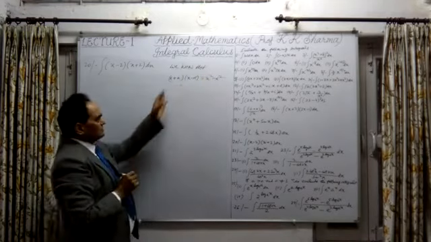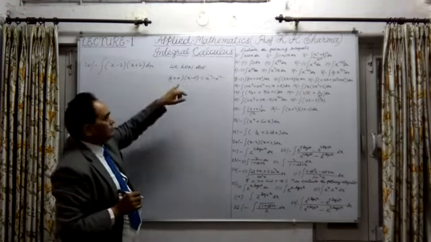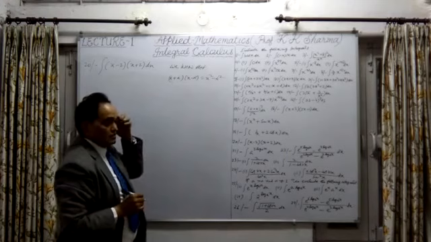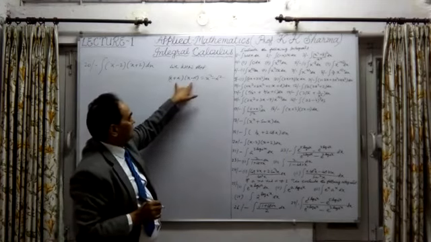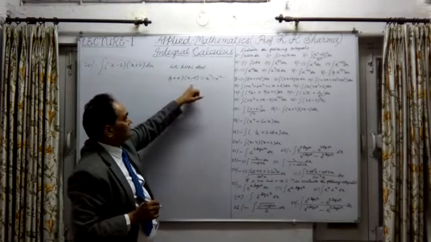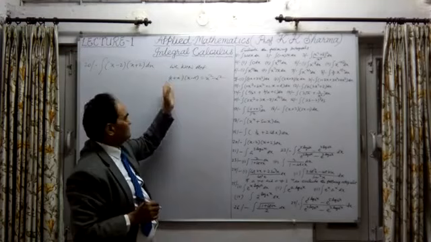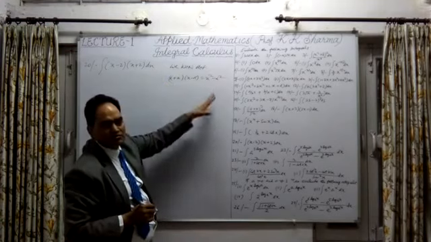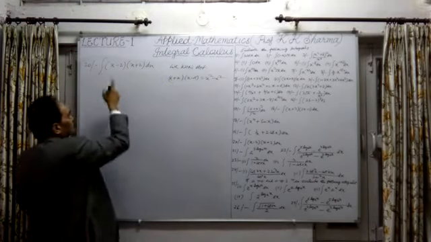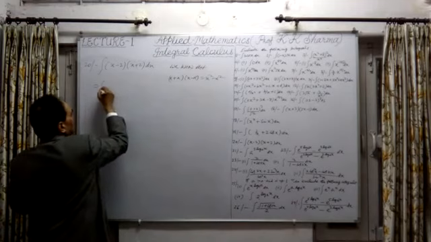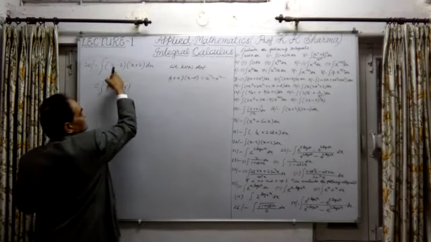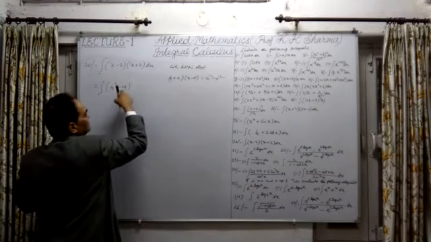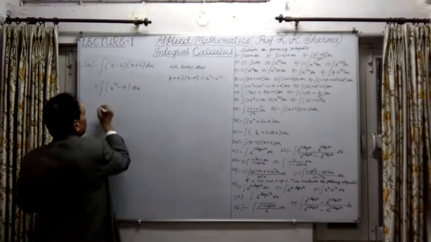Why? If we multiply them, we will obtain this. If there is a plus sign and a minus sign between two binomial terms, and they have the same first and second term, then the answer will be this. After multiplication, we can obtain it easily, but this is the formula directly, so we can apply it. This is the integration of x square minus 4 into dx.